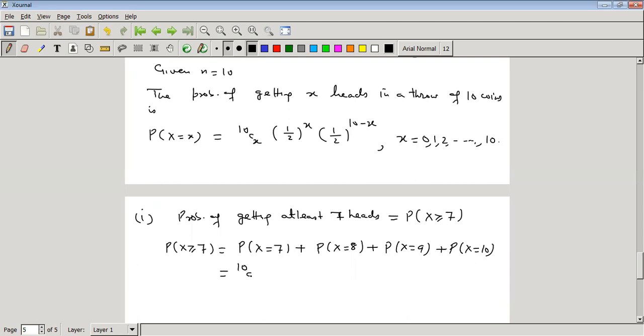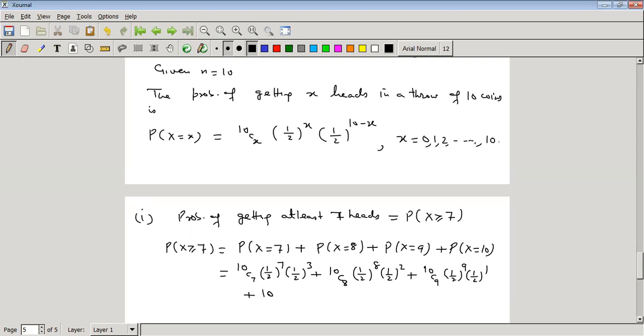It's 10C7 into (1/2) to the power 7 into (1/2) to the power 10 minus 7, that is 3. Probability of X equal to 8: 10C8 (1/2)^8 (1/2)^2. Probability of X equal to 9: 10C9 (1/2)^9 (1/2)^1.